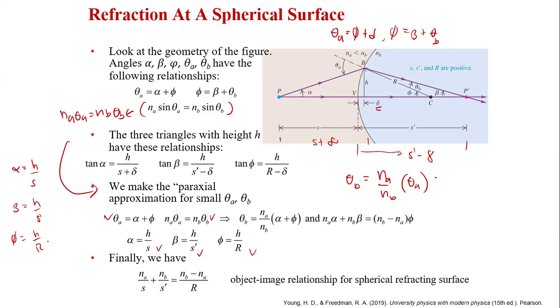So from theta A will become alpha plus phi. And also from this one, alpha plus phi. So how do we get this?